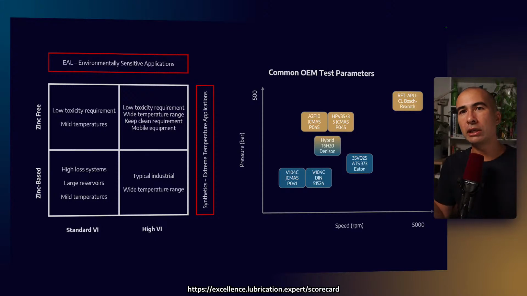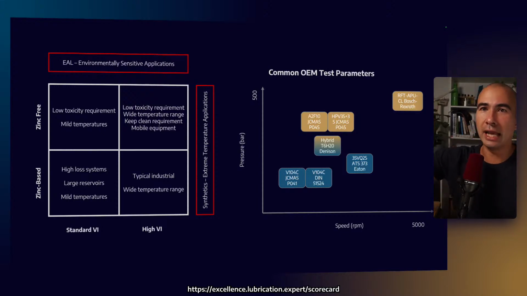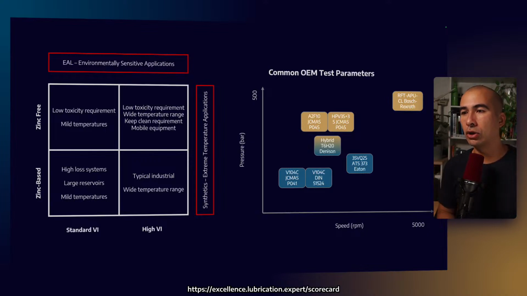The only reason for that is if you plot all the tests on a chart of pressure and speed, the Bosch Rexroth one is the outlier in that it exerts the highest pressure on the oil as well as the highest speed at the pump, right? So that's selection for hydraulic oils.